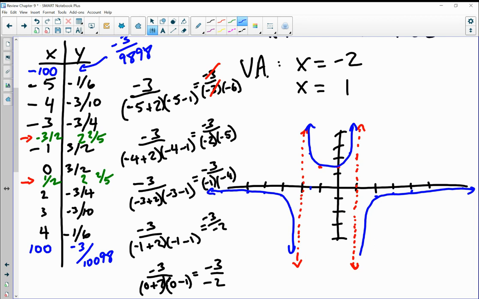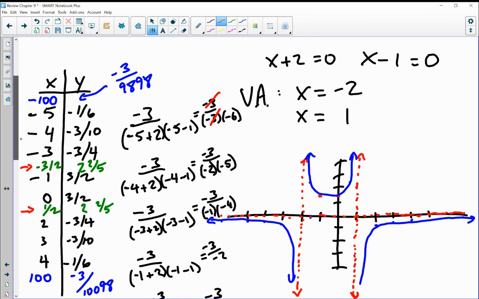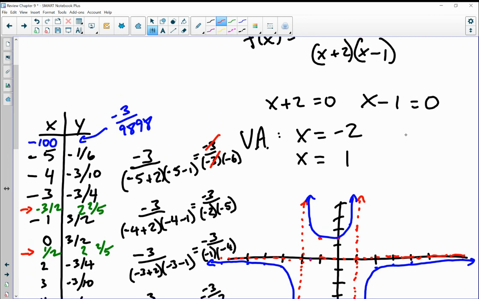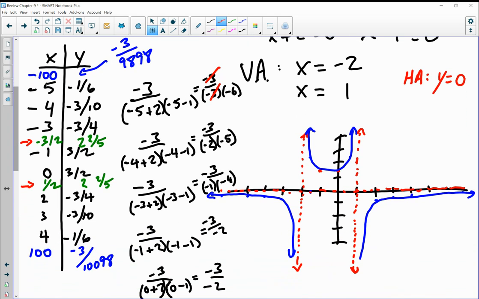Okay, so the horizontal asymptote appears to be 0. All right, we're approaching 0 from the bottom. So the horizontal asymptote would be y equals 0. Any x-intercepts? Checking. No x-intercept.